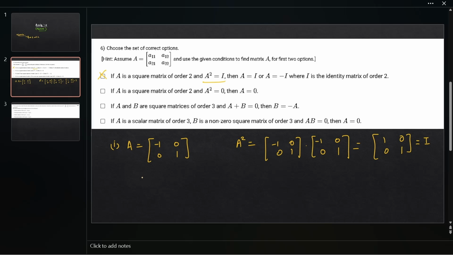Though we have a special name for such kind of matrices, and the name is involutory matrices. So what are involutory matrices?